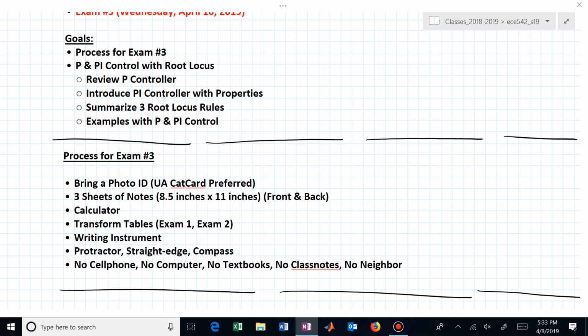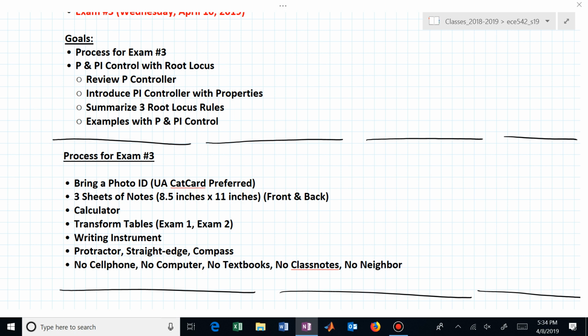And then we'll have 3 sheets of notes, front and back, and those sheets are obviously limited to the normal size, 8.5 by 11 inches. You can bring any calculator. Obviously the Inspire, the HP 50, whatever it is now, 51. Not a laptop computer. That's not what I constitute as a calculator.